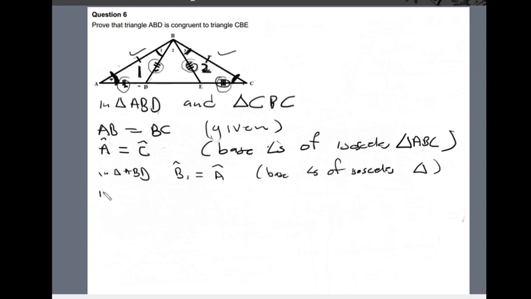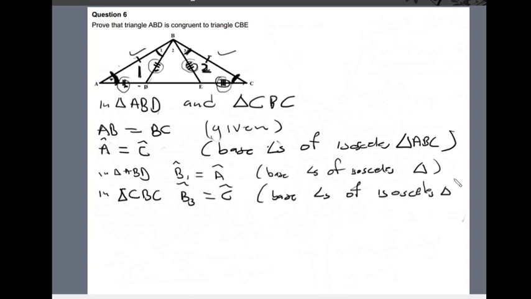And then in triangle CBE, B3 is equal to C, right? Base angles of isosceles triangle BEC, right? And then we can say therefore B1 is equal to B3, right? From this above, it follows that B1 is equal to B3.